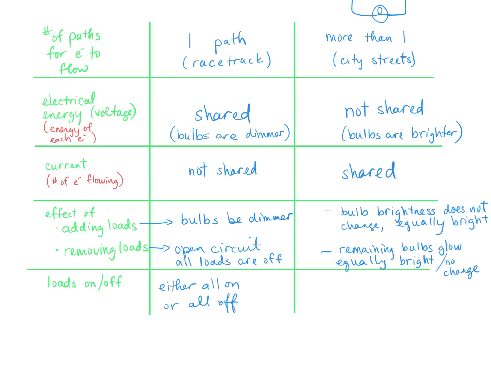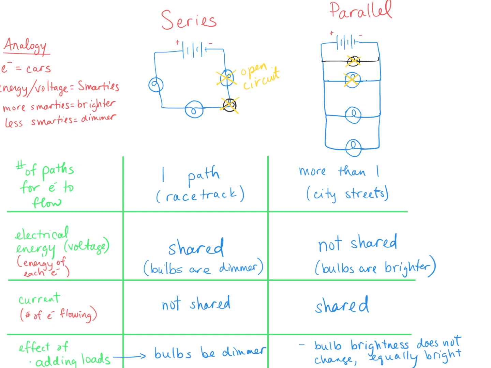Whereas in the parallel circuit, we could have some of these be off, if they've been removed or there are switches in place to be open. But if you have other paths to other loads, as long as those switches are closed, if you have a switch in here, as long as it's closed, these paths are still available to be lit.